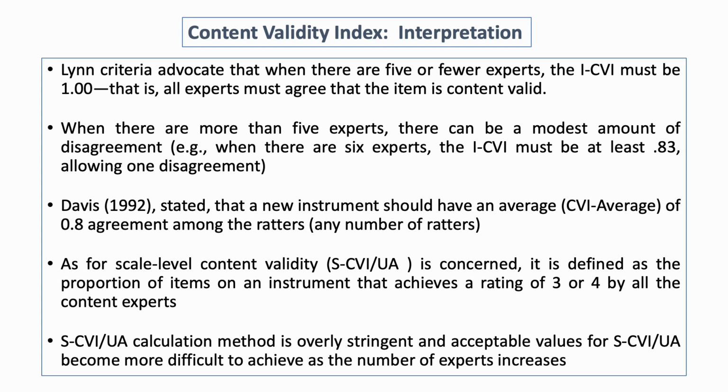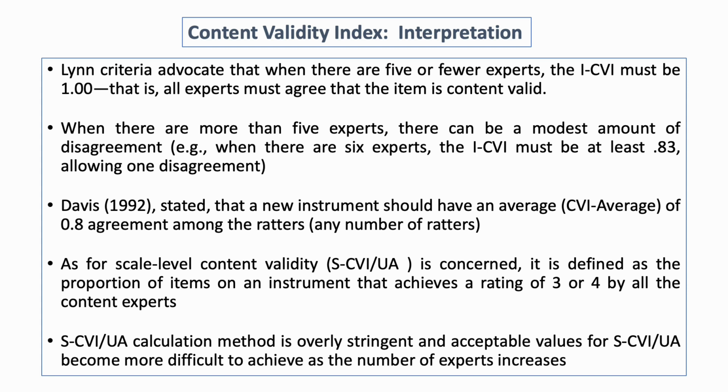The Lynn criteria advocate that when there are 5 or fewer experts, the ICVI must be 1. So the fewer experts you engage, the more disadvantageous your position. So it's better to involve at least 6 experts.